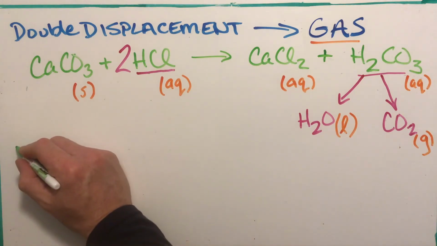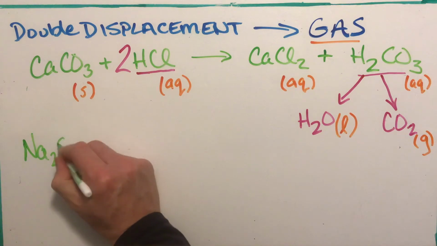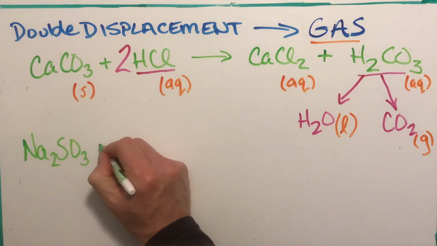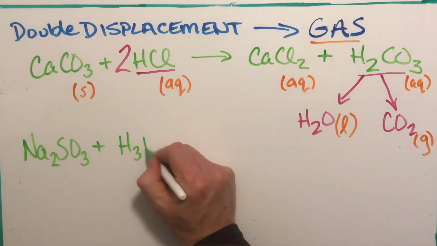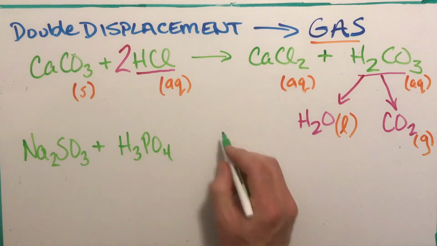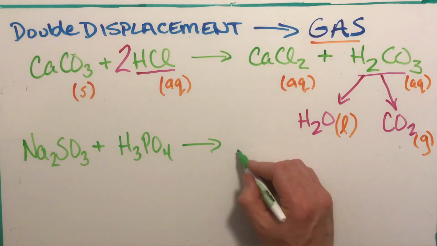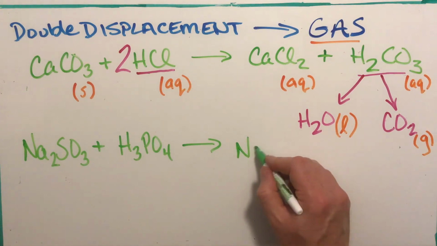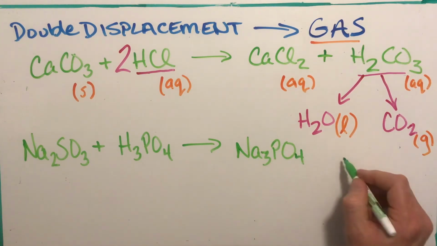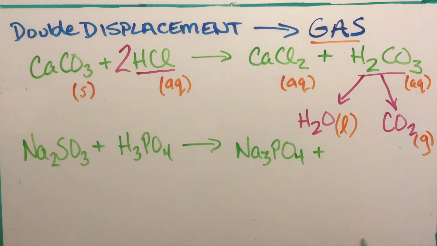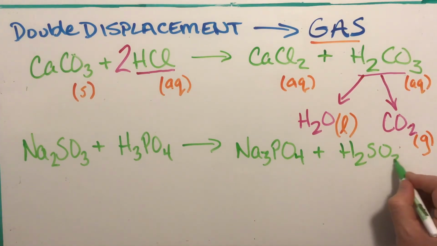So this next one is Na2SO3 plus H3PO4. And it's going to be Na goes with your phosphate, so Na3PO4 plus H2SO3.